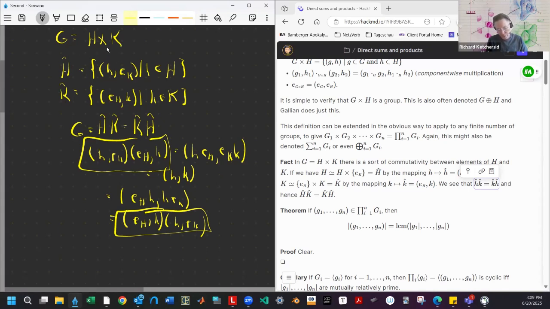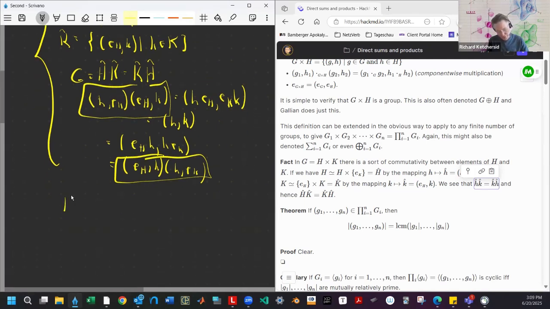So when we look at internal products later on, one of the facts that an internal product is going to have to satisfy is the commutativity of things between H and K. Another thing is this: H hat intersect K hat is exactly the single element (e_H, e_K). That's the only thing in there.